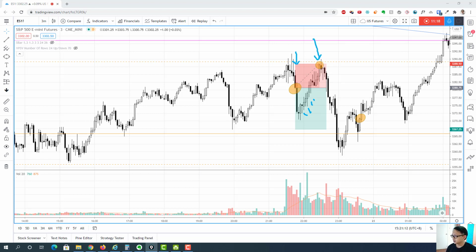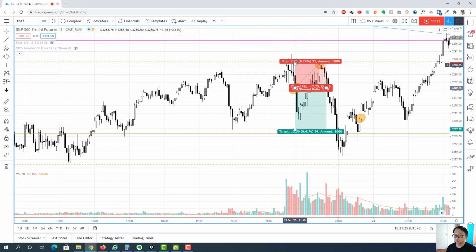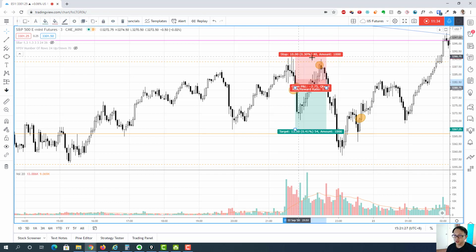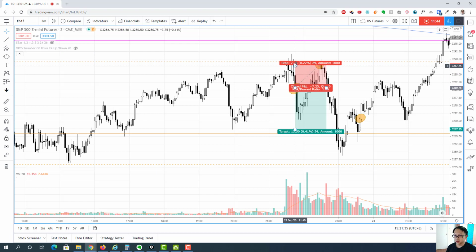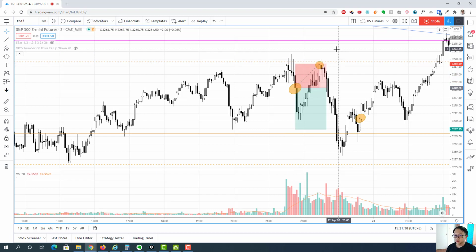And right after I got stopped out, here comes another reversal and an even larger downswing. So it's a bit annoying sometimes. On the high side, I could have moved the stop a bit higher, then I wouldn't have gotten stopped out. But I think my stop was just a bit too tight at this moment.